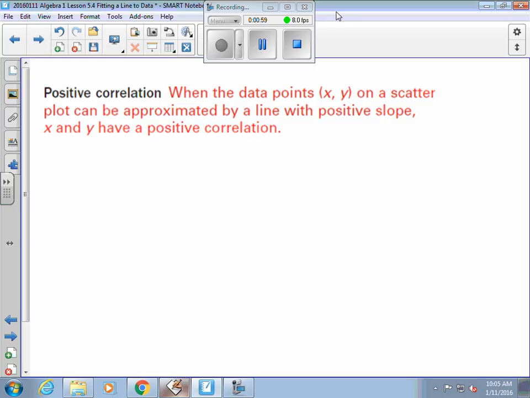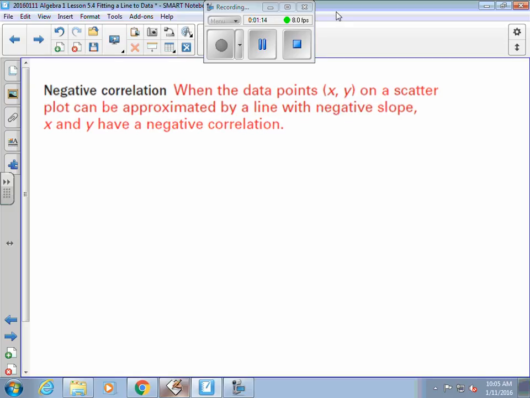Positive, negative, and no correlation is a very simple concept. Again, if it looks like the line you're going to draw in, the approximated line, has a positive slope, it's a positive correlation. If it looks like it's going to be a negative slope, then it's going to be a negative correlation.